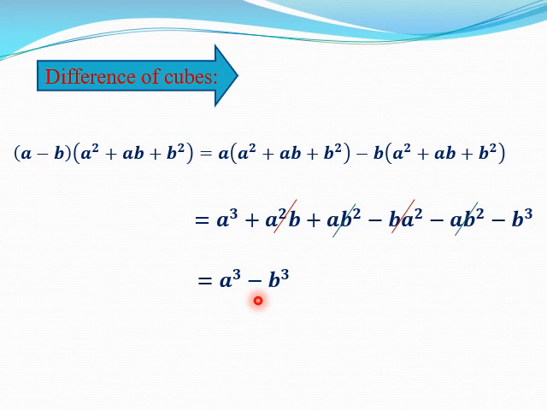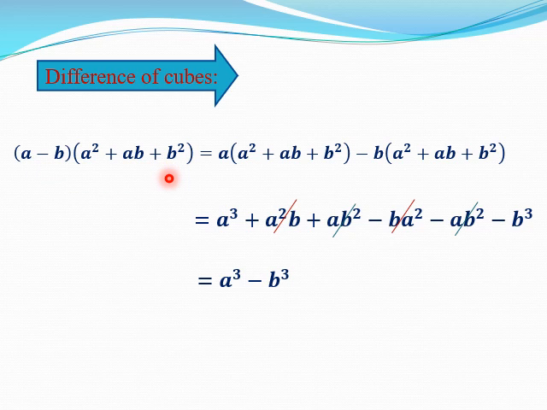It means that if we multiply such factors which are in this form, then the product of these factors is equal to the difference of two cubes. You can see that the product of these factors is equal to a cube minus b cube, or you can say the factors of a cube minus b cube are a minus b times a square plus ab plus b square.